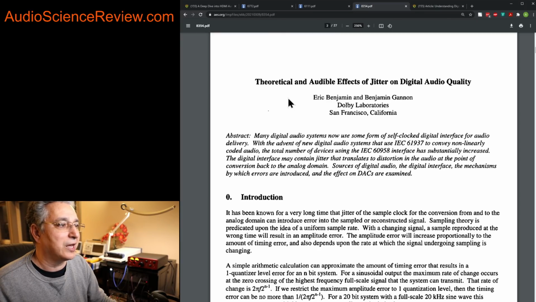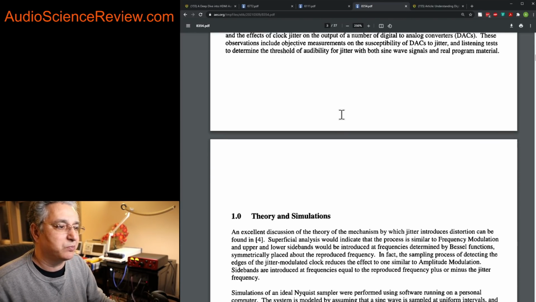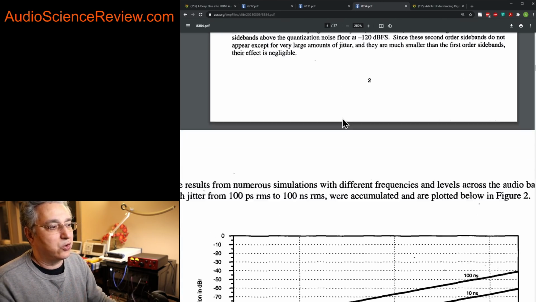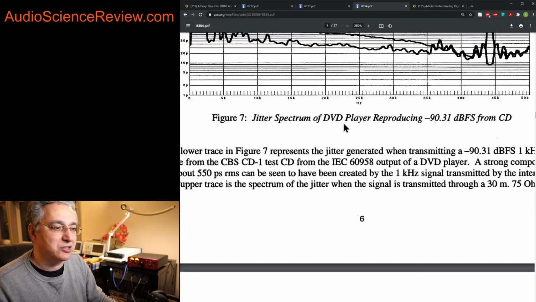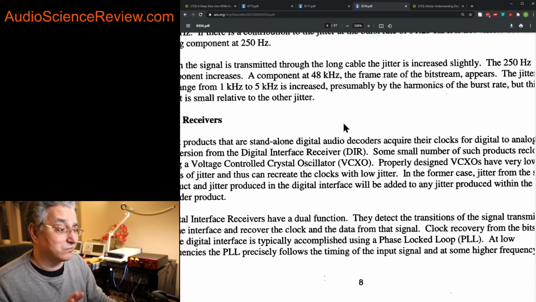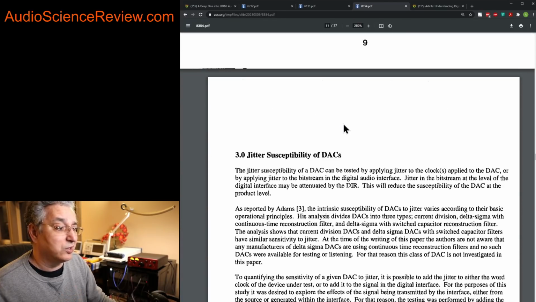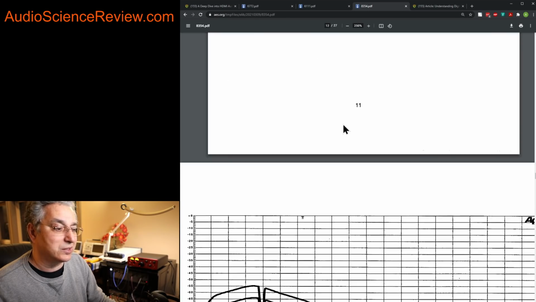It's on AES and was done by Eric Benjamin and Benjamin Gannon when they were at Dolby Laboratories. They examined jitter. This is a pretty readable paper, much better than Julian Dunn's. They go through what kind of jitter exists in typical equipment and measure it. The paper is 30 years old, so the equipment they tested is very old. But then they did a cool thing, which is they performed a listening test.